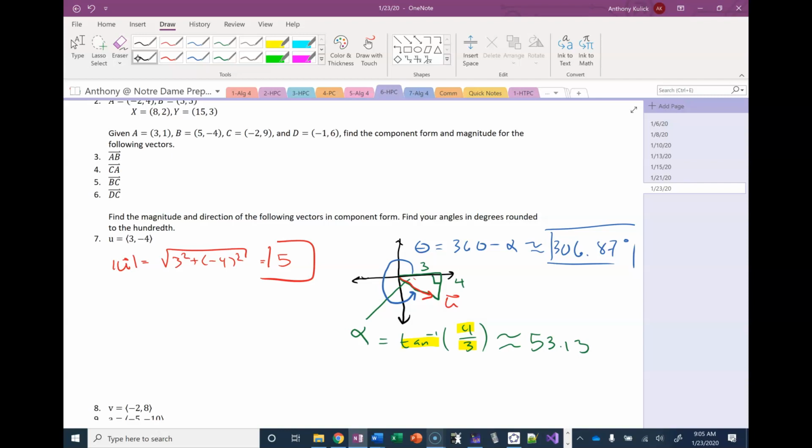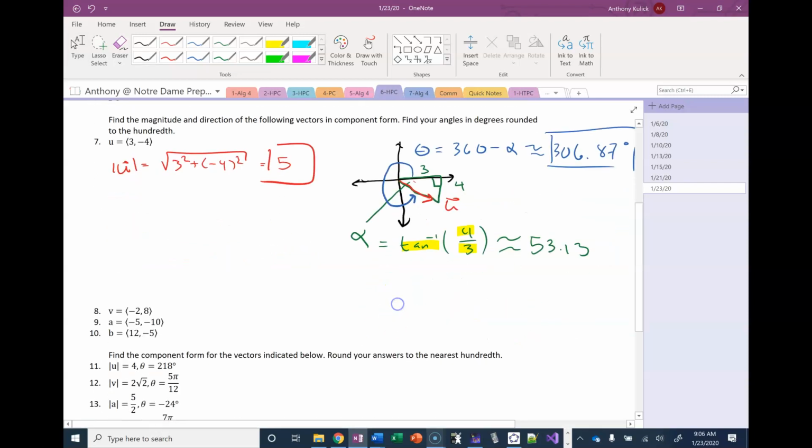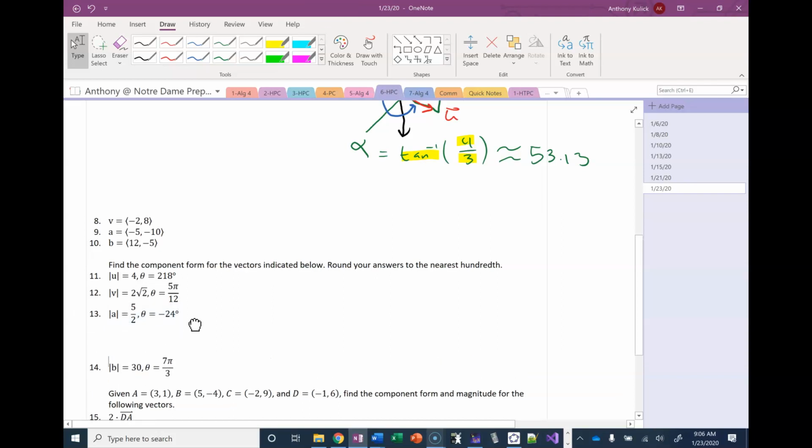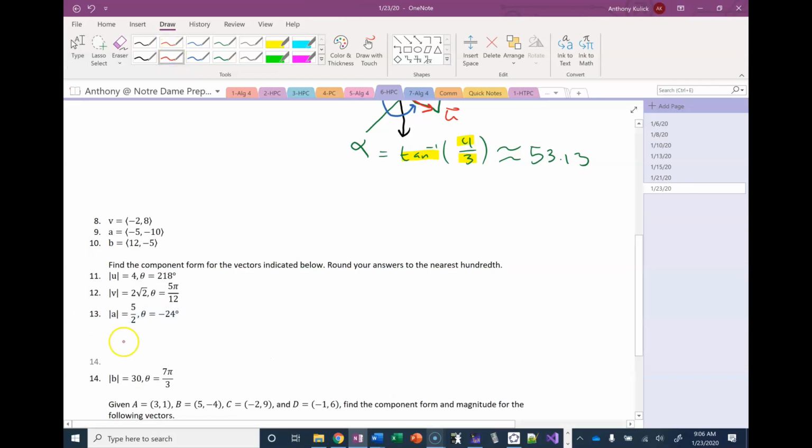Soph? Can you do 13? Sure. So it says find the component form for the vectors. Round your answers to the nearest hundredth.